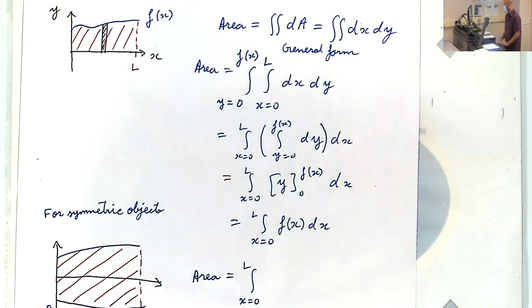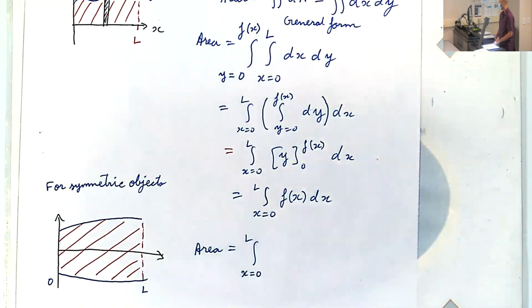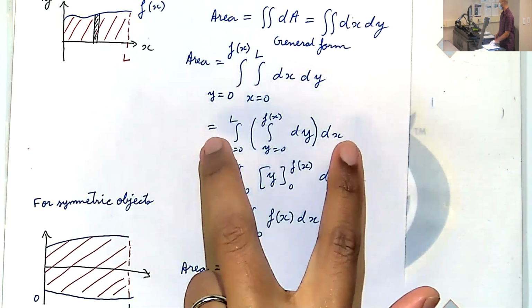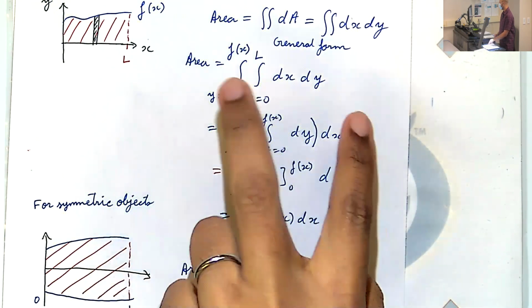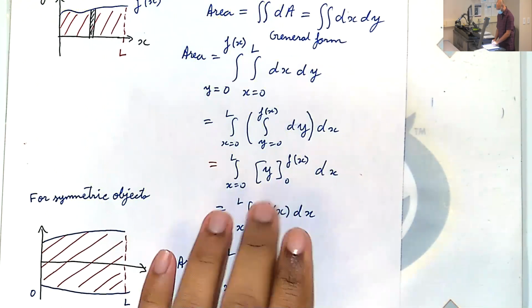Why not the other way around? You could have said we do the x integral first and we just get x goes from 0 to L, so L times whatever. Because y is a function of x. Does everybody get that?